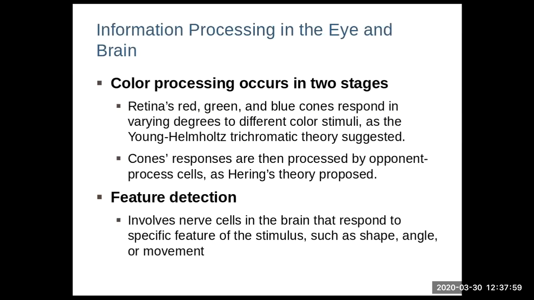Now, before we get into solving that little riddle, it turns out that the best way to process colors is a combination of both of these stages. This is the take-home message. The Young-Helmholtz trichromatic theory, which is the RGB, the red, green, and blue cones, is correct.